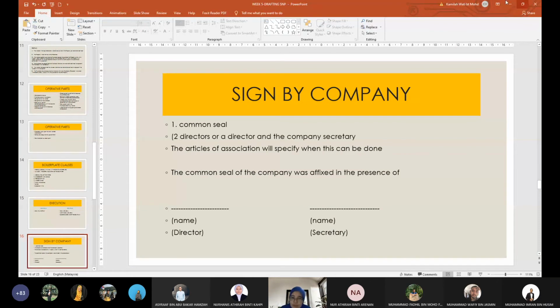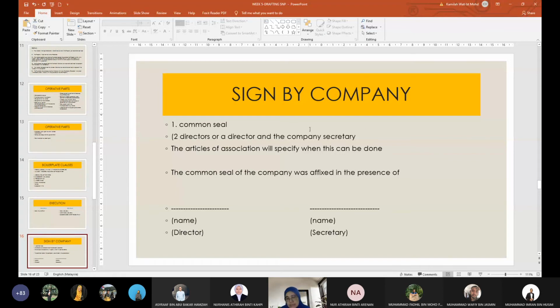So untuk common seal, two directors or a director and a company secretary mesti witness the affixation of the common seal tu. Kita tahu kan common seal yang selalu yang bentuk bulat yang kita boleh affix pada dokumen tu. Dia akan keluar dekat bentuk bulat tu nama syarikat dan juga number company dia.